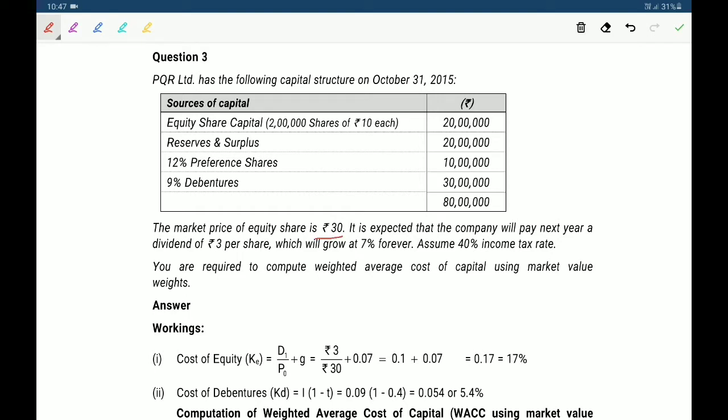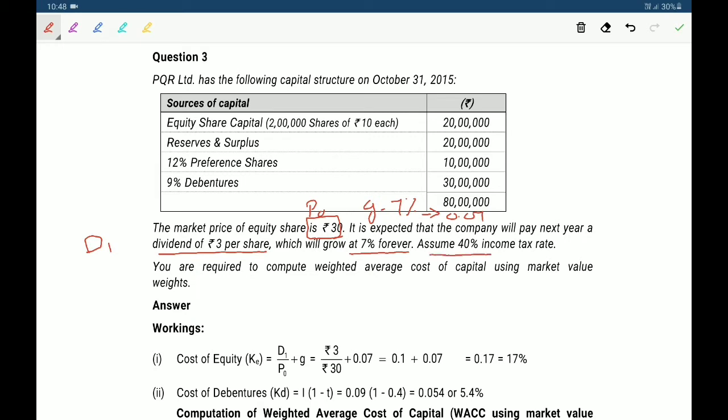It is expected that the company will pay next year a dividend of 3 rupees per share. That means D1. 30 rupees is the P0, which will grow at 7% forever. That means the growth rate is 7%, also written as 0.07.